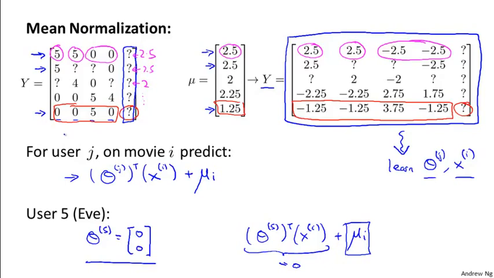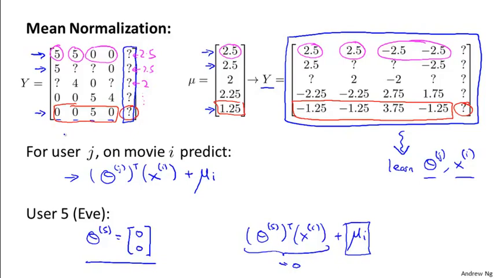Finally, as an aside, in this video we talked about mean normalization, where we normalize each row of the matrix Y to have mean 0. In case you have some movies with no ratings, so this is analogous to a user who hasn't rated anything, you can also play with versions of the algorithm where you normalize the different columns to have mean 0 instead of normalizing the rows to have mean 0, although that's maybe less important because if you really have a movie with no ratings, maybe you just shouldn't recommend that movie to anyone anyway.